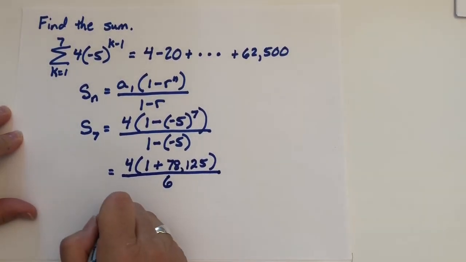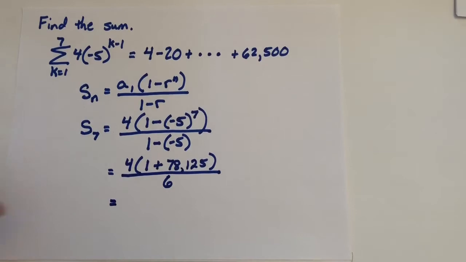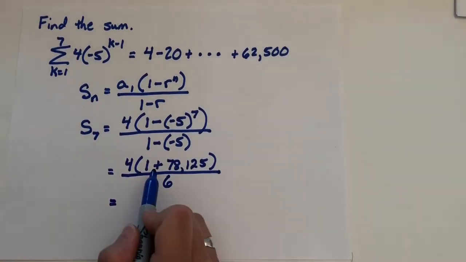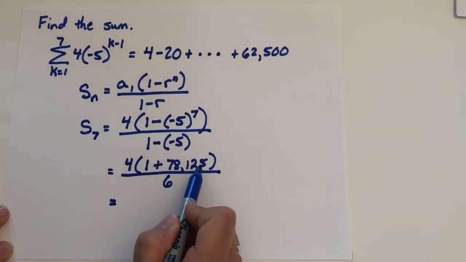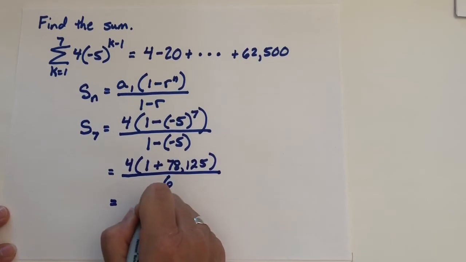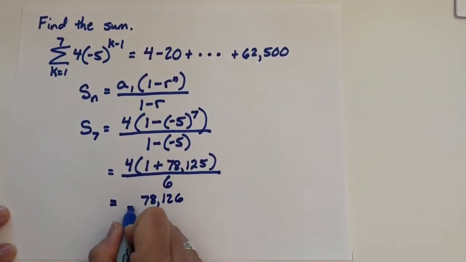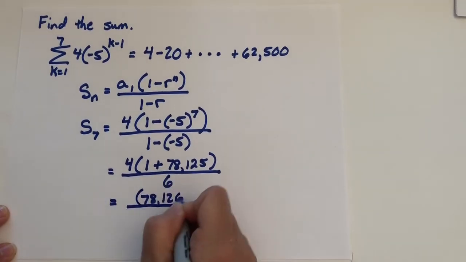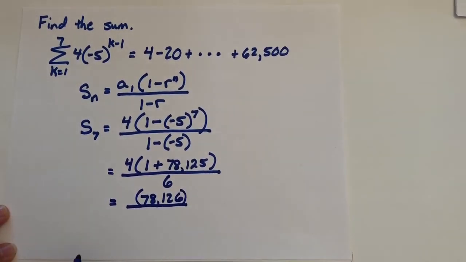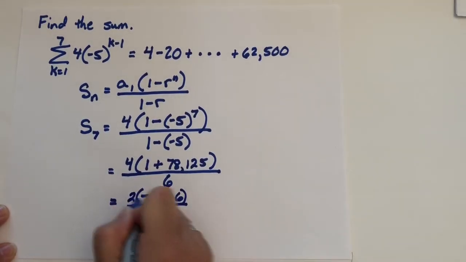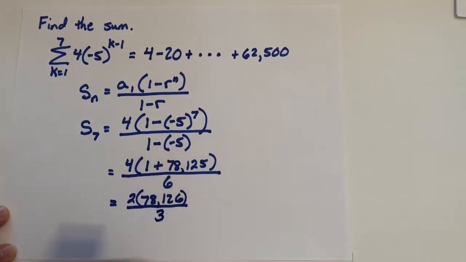And let's do a little bit of arithmetic before I grab my calculator. I'm going to add the 1 and the 78,125, so I have 78,126. And although it's not necessary, because we're going to grab a calculator in just a moment, I see a 4/6 and I can't help myself. I reduce it and make it a 2/3.